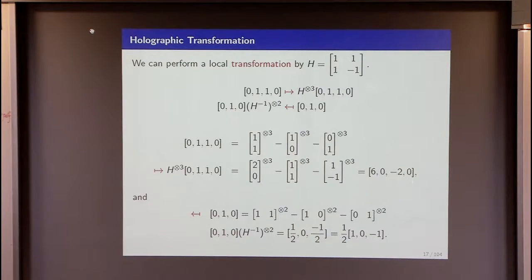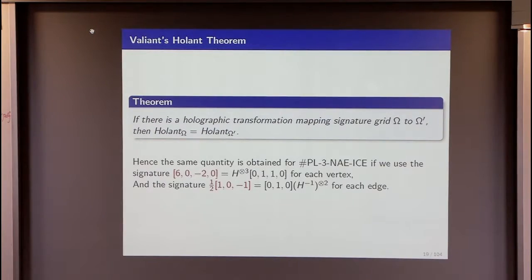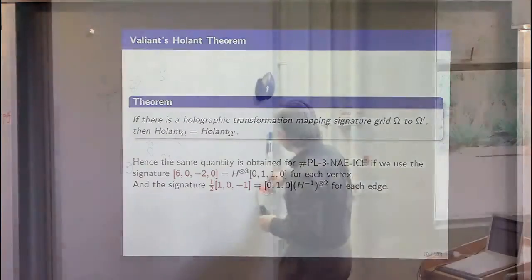Now, what's the big deal? I mean, why isn't 0, 1, 1, 0 more beautiful than 6, 0, minus 2, 0? What have you done? What you have done is the following. It turns out that these guys are matchgate signatures. Okay? And if you can transform to something by this holographic transformation, the Holant value, the dot product, is unchanged. Because what you really have done is you have a dot product, and you're multiplying some big matrices.